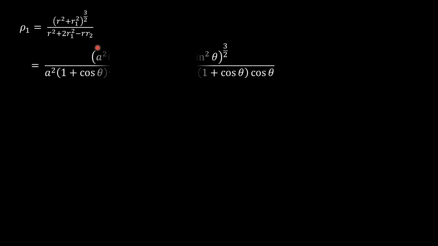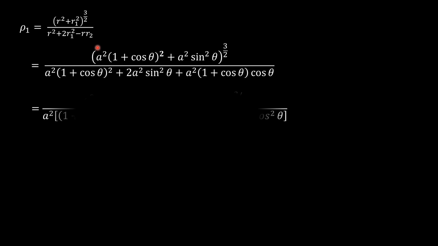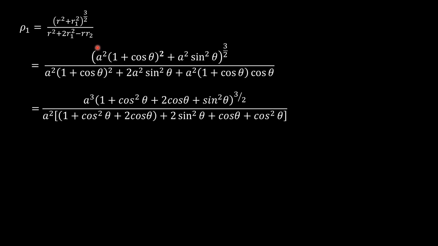Just substituting r, r1 and r2 in the above expression and reducing the equation, take a square common from the brackets in the numerator, so that it is of the form a square to the power 3 by 2, that is nothing but a cube, and just expand 1 plus cos theta whole square.